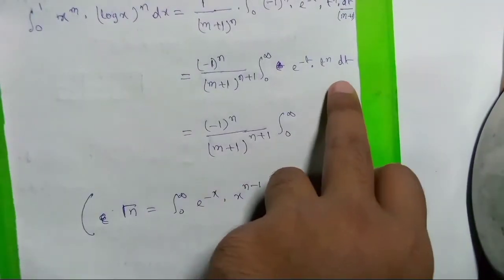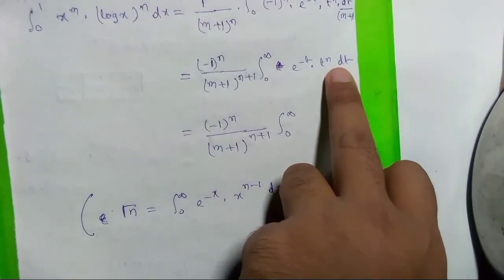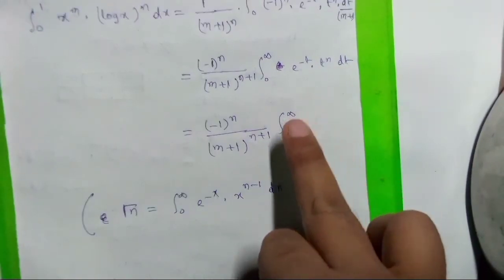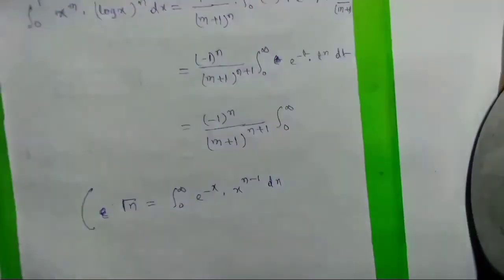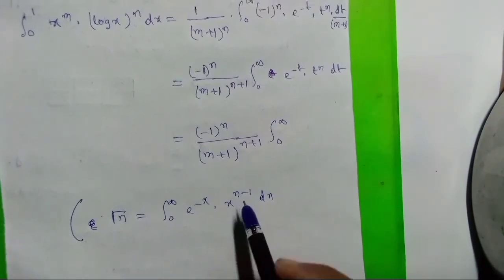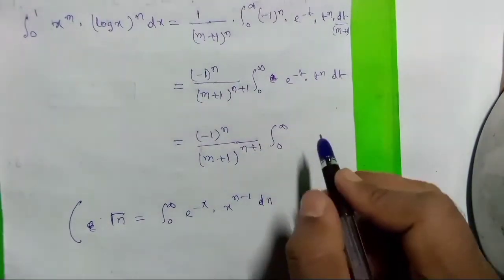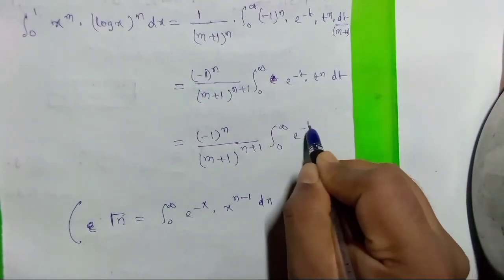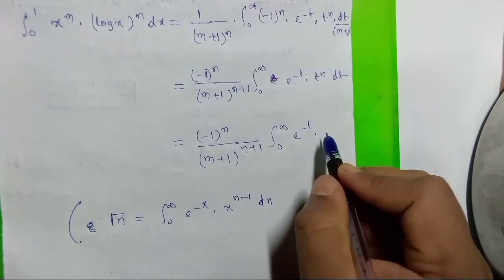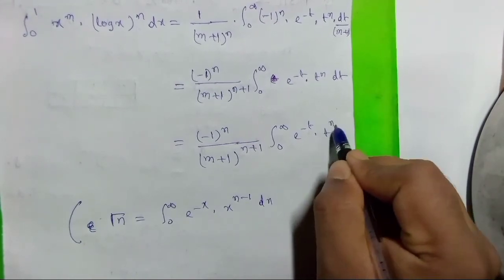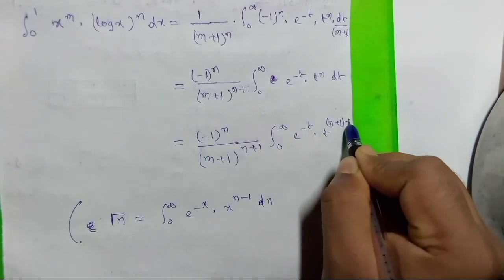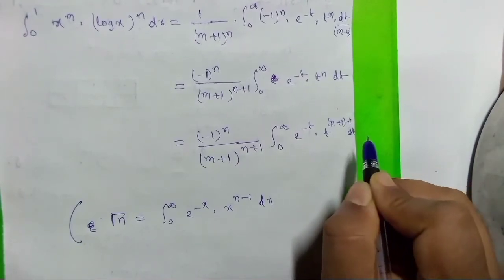So here we find the term n minus 1. Here e to the power minus t and t to the power (n plus 1) minus 1 dt.